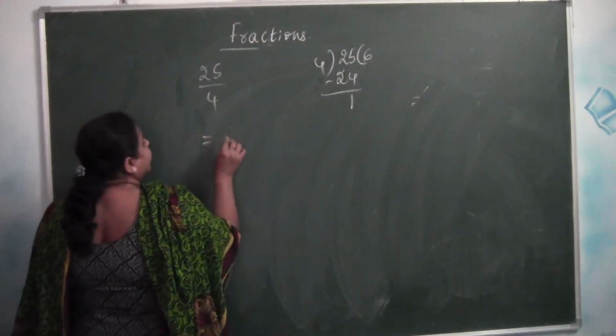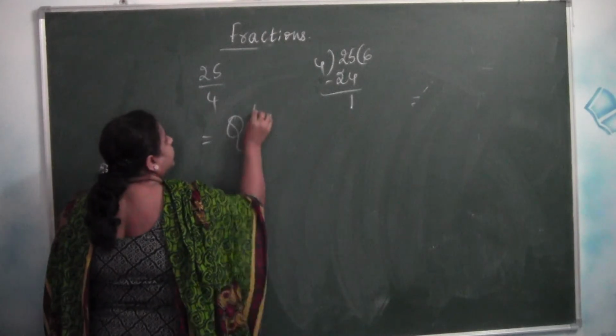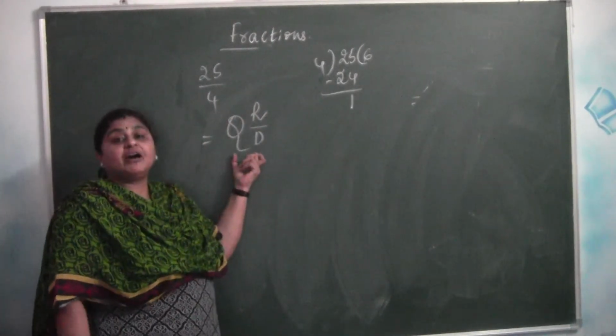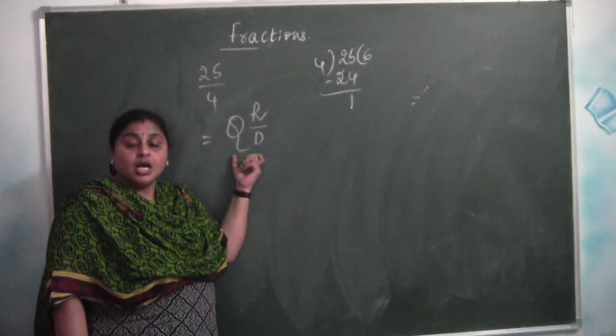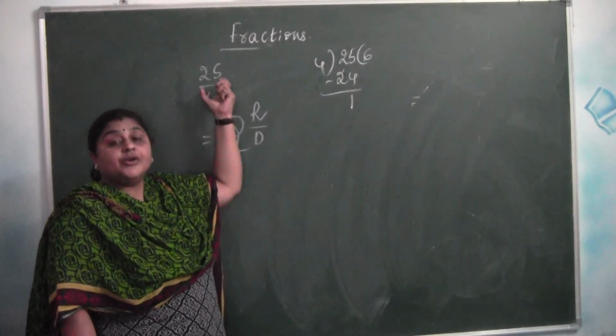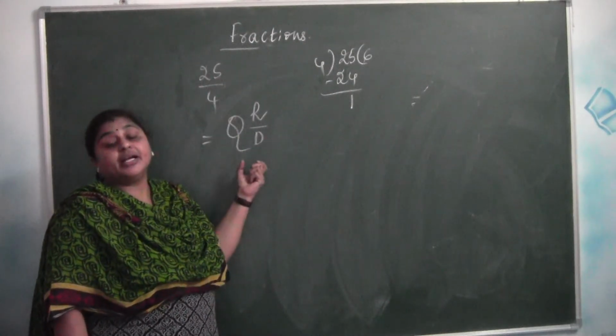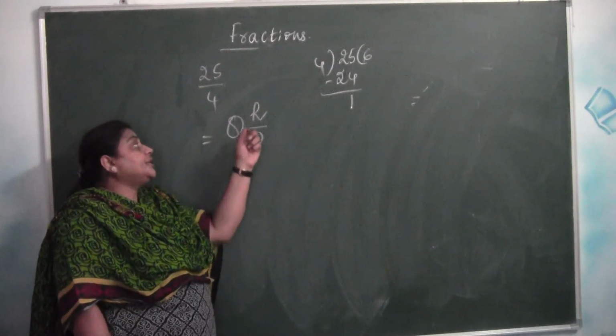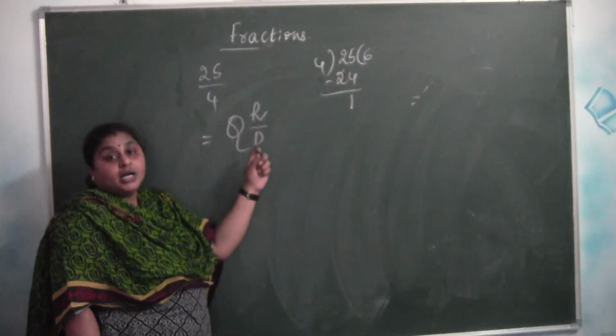Alright. Now how to write? Quotient, remainder by divisor. This you have to remember children. This formula you have to remember. In order to convert an improper into a mixed fraction, always remember quotient, remainder by divisor.